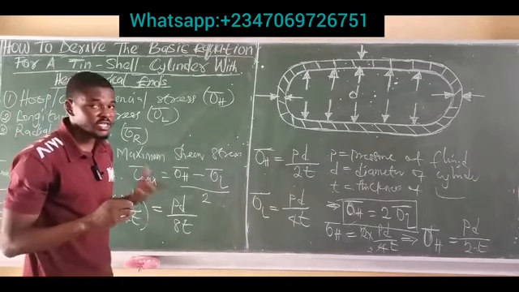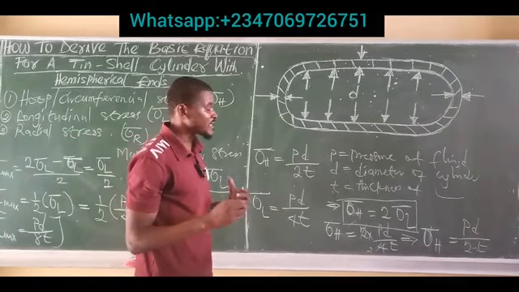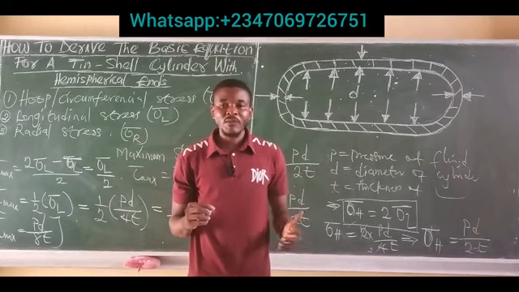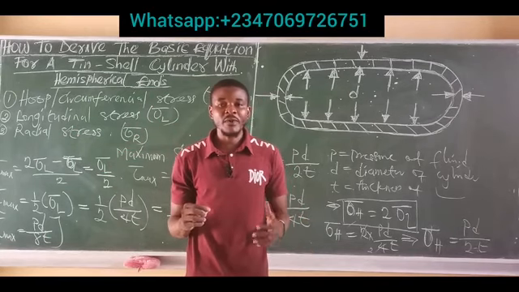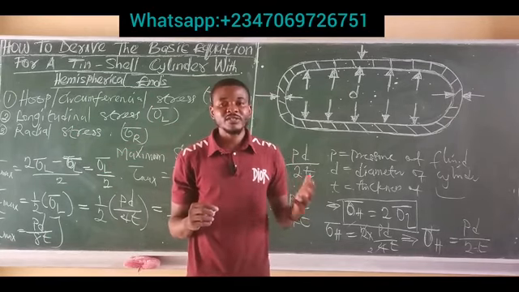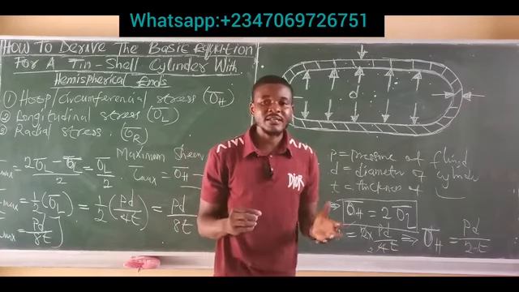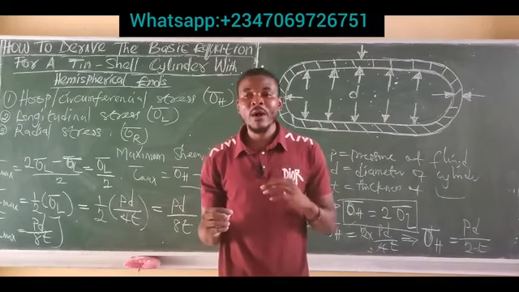So in general, what I've said so far is that hoop stress is always twice the longitudinal stress, and the maximum shear stress is always half the longitudinal stress itself. And I said earlier that the hoop stress and the longitudinal stress make an angle of 90 degrees to one another.